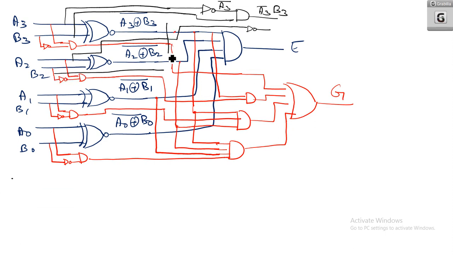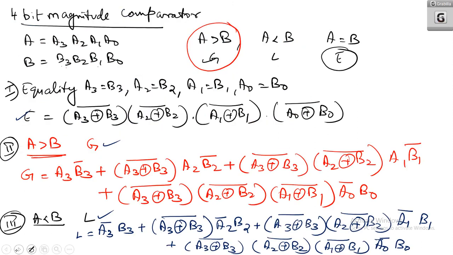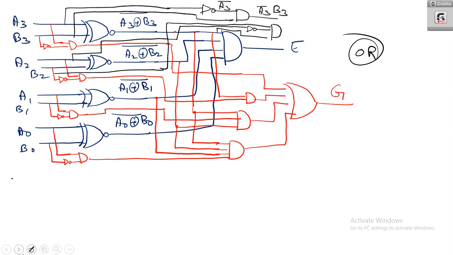I will take that along with A3, right? So here you will get an AND gate. Similarly, you will get 4 elements and you should OR it. So that is a brief circuit because this is a very big circuit. I am not going to draw the entire thing. I think you have got the concept.